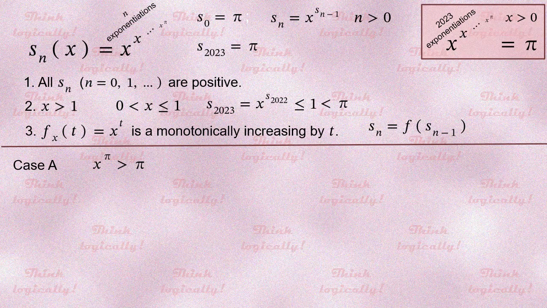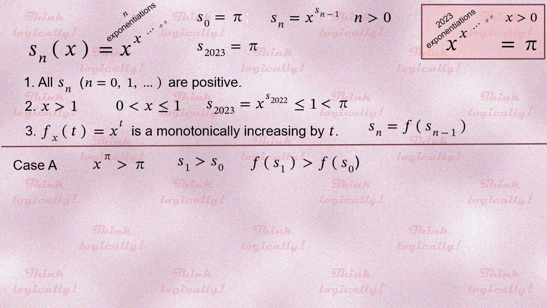Note that pi is s sub 0 and x to the power of pi is s sub 1. So we can rewrite the inequality as s sub 1 is greater than s sub 0 and apply function f to it. Since function f is monotonically increasing, the inequality sign stays.